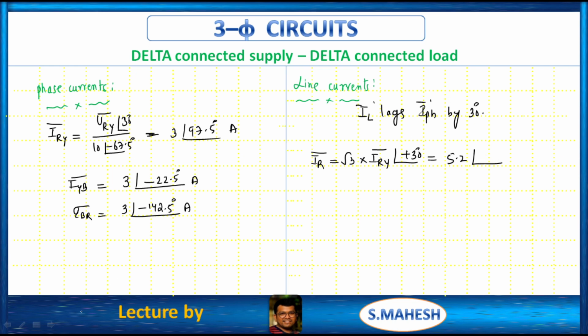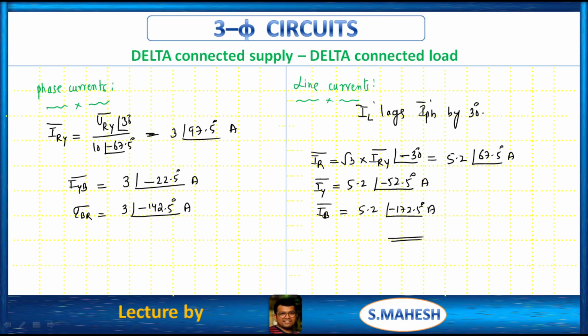Here line current lags, right? This is not plus, this is minus. So IR is 97.5 minus 30, which is 67.5 amperes. Like that, IY is 5.2 at an angle minus 22.5 minus 30, that is minus 52.5, right? Like that, IB is 5.2 at an angle minus 172.5.